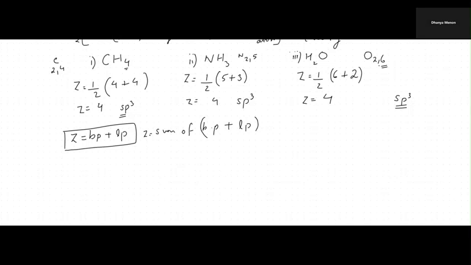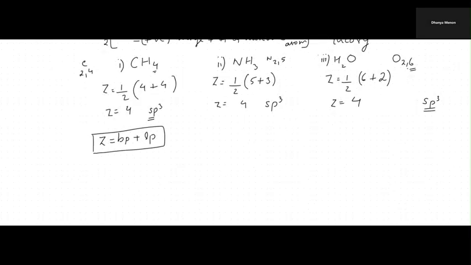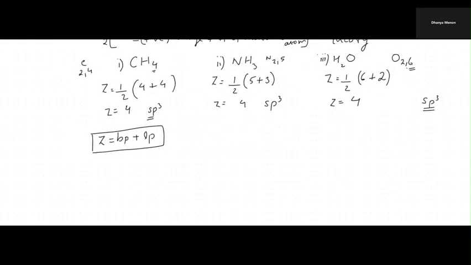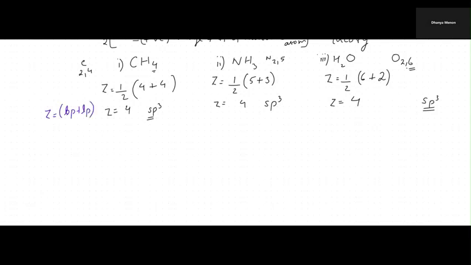So this you must remember. Now, in the first one, methane, I'll write this at the side with another color ink. Z is equal to what? It's the sum of bond pairs plus lone pairs.